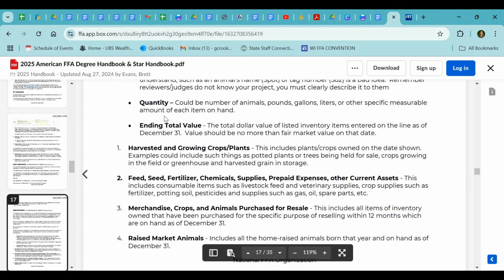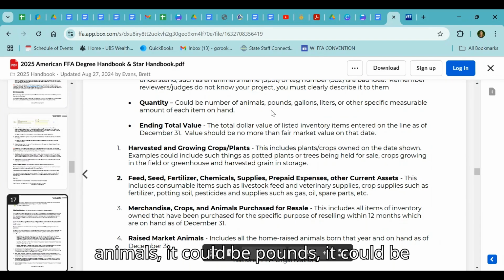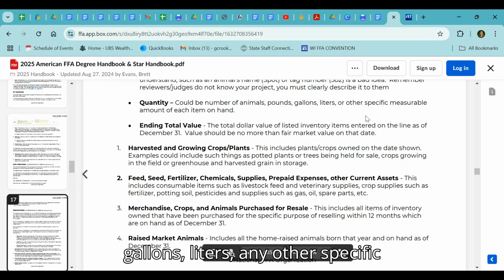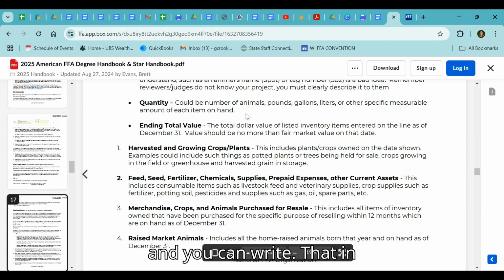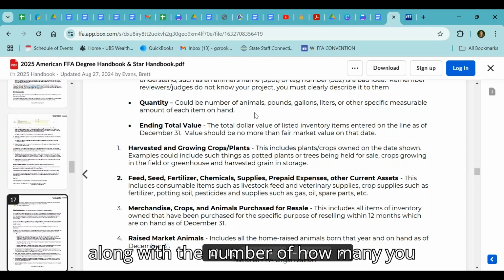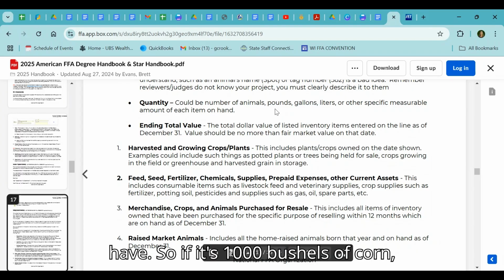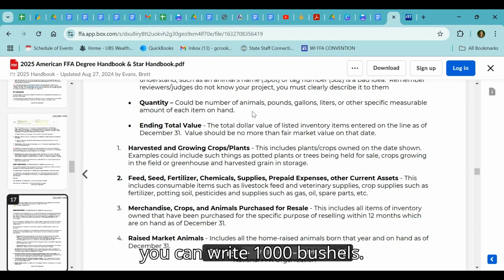Quantity, this could be number of animals, it could be pounds, it could be gallons, liters, any other specific measurable amount of each item on hand. And you can write that in along with the number of how many you have. So if it's 1,000 bushels of corn, you can write 1,000 bushels.